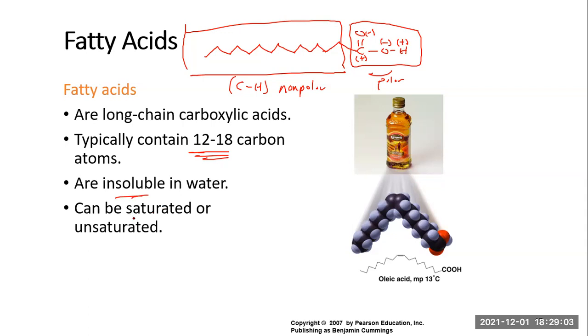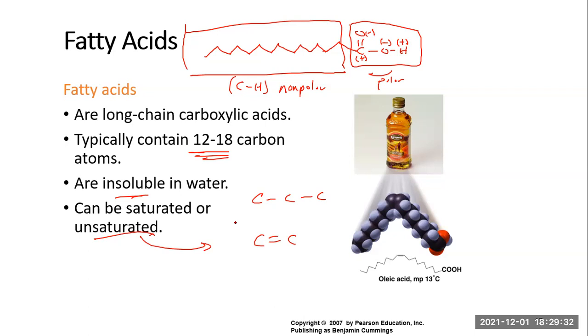The fatty acid part can be saturated or unsaturated, and that meaning is also the same thing that we talked about in organic chemistry. Saturated basically means all single bonds. We have the maximum amount of hydrogens, if you remember. Unsaturated, on the other hand, means you've got at least one double bond. That means you do not have the maximum number of hydrogens that you could have.